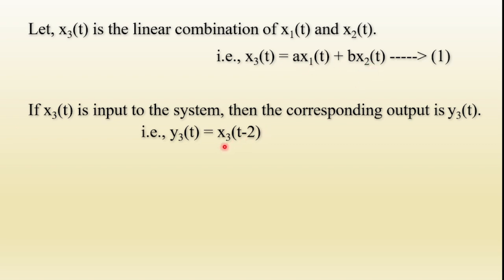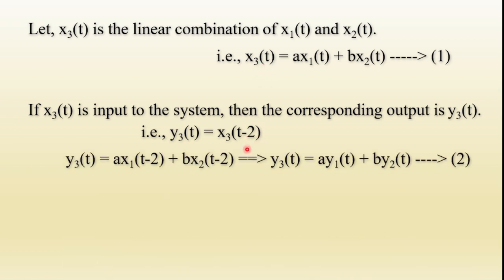Now here what is the RHS term? x3 of t minus 2. So using this equation, x3 of t minus 2 is a x1 of t minus 2 plus b x2 of t minus 2. The third system output is y3 of t is equal to x3 of t minus 2, and using this expression, the value is a x1 of t minus 2 plus b x2 of t minus 2.